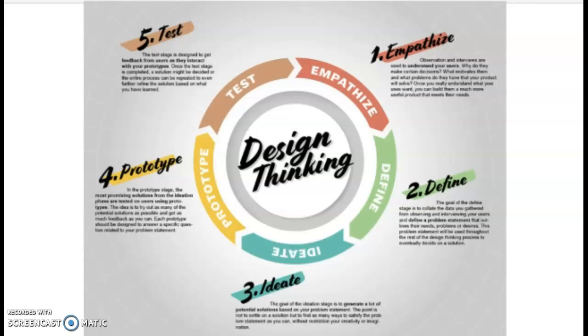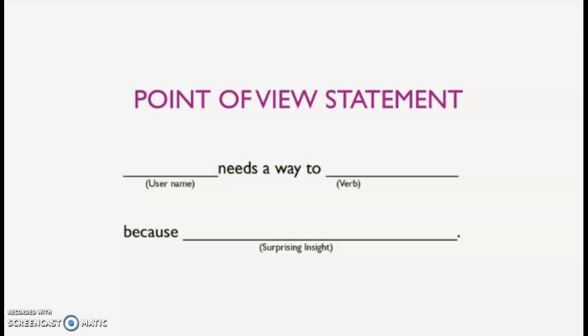The next step in that design thinking process is to take the data that you've collected and define it and really come up with what the problem is. A lot of times we try to solve problems without really taking time to understand the question. And we often use a point of view statement.